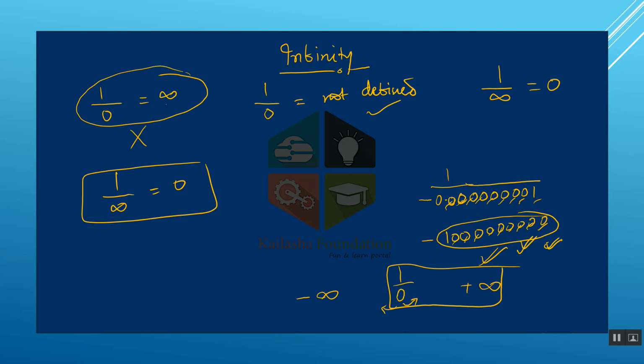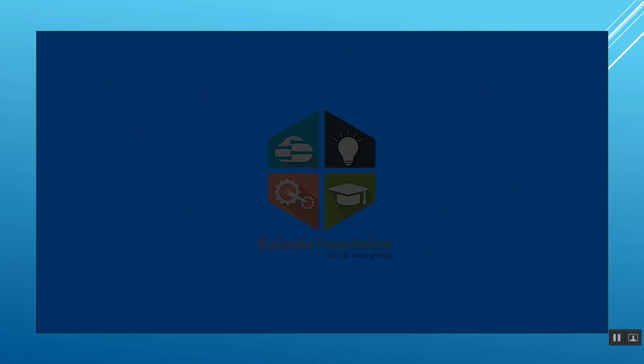Now I will tell you another very interesting concept: infinity minus infinity is not equal to 0. 5 minus 5 is 0, a minus a is 0, b minus b is 0, 2 minus 2 is 0.